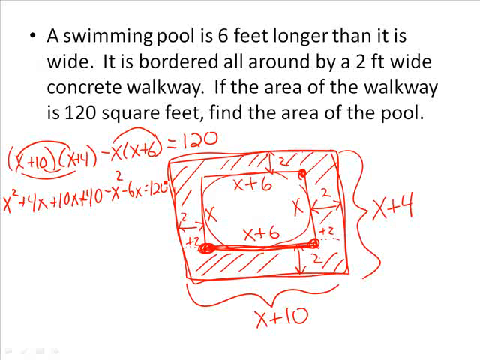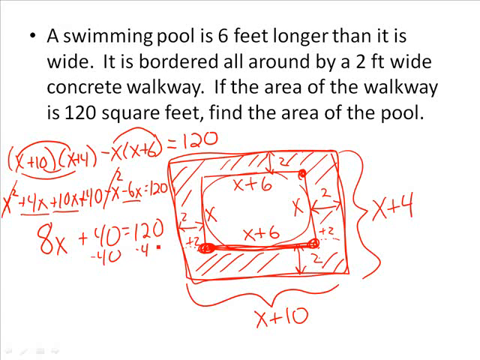So we definitely have some algebraic simplification to take care of here. These x squareds are going to cancel. 4x plus 10x minus 6x, that's going to give me 8x, plus 40 equals 120. Subtract the 40 over, 8x is 80, so that gives us x is 10.